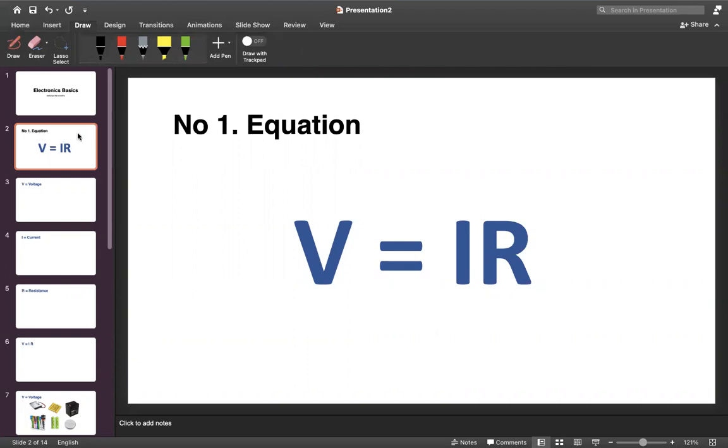So have you seen this type of equation before, which means voltage? And this is current. It's okay if you haven't, that is fine. Right. So the electronic basic is this.